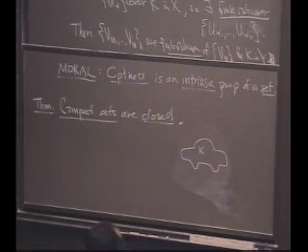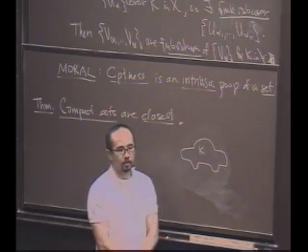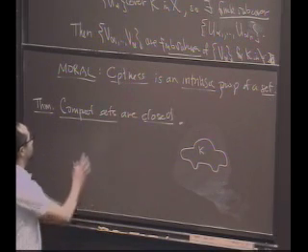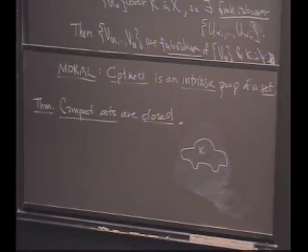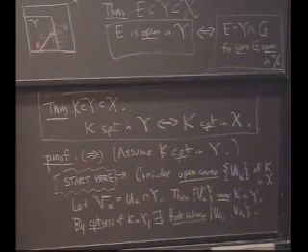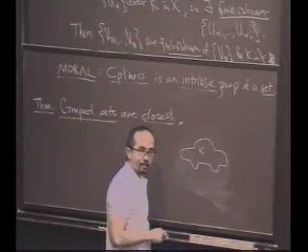Which of those characterizations do you think might be most helpful here? Complements are open. Why might that be more helpful when you're dealing with a concept like compactness? It's talking about open covers. Okay, so let's try that strategy. I want to show the complement of K is open.